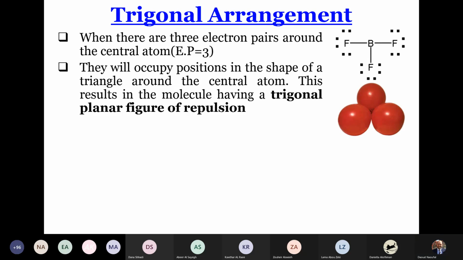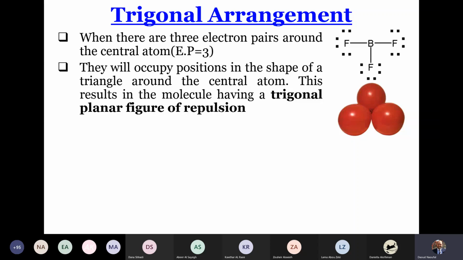The best structure is when we have minimum repulsion. So if we have 3 balloons around the central atom, the minimum repulsion is when these 3 balloons make a triangle in a plane. So the figure of repulsion is trigonal planar.